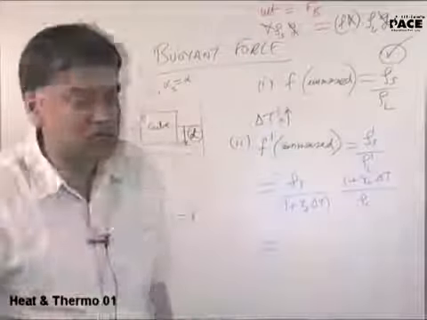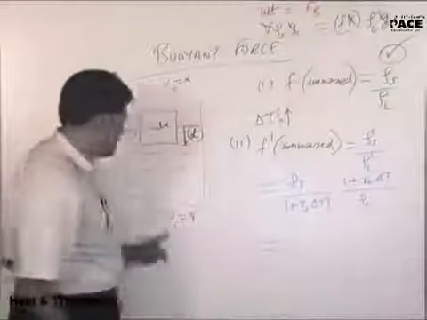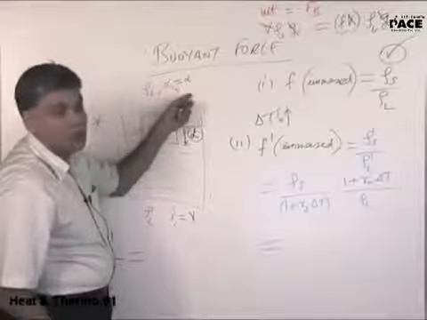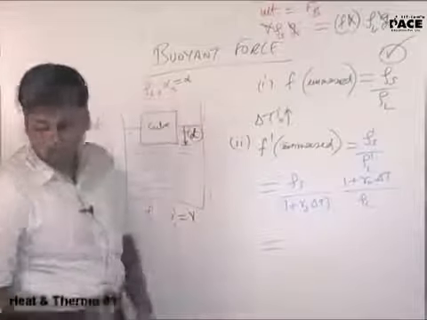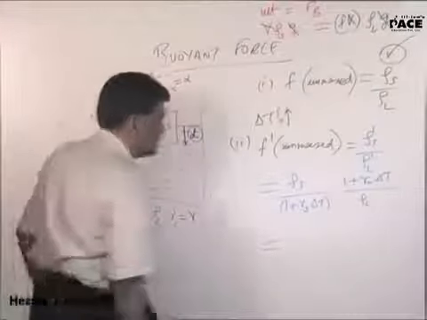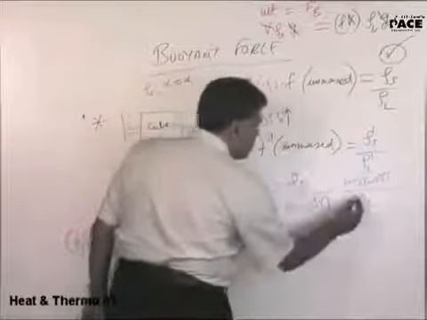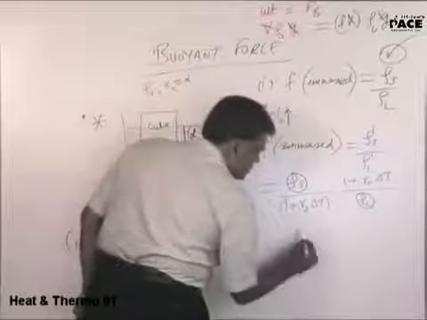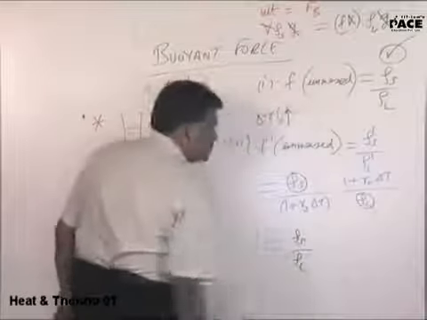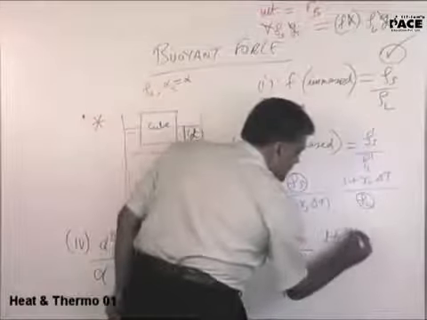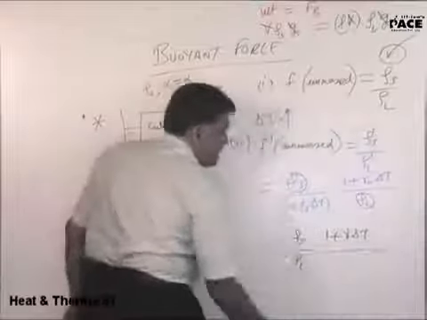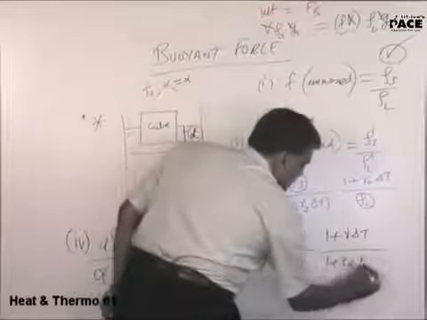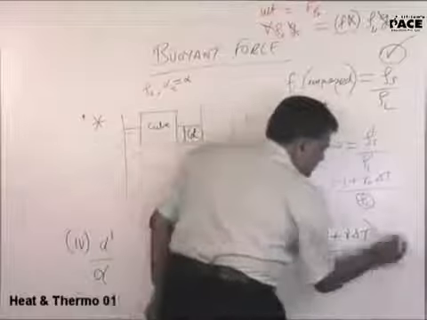But we have to check what is gamma S and gamma L. Gamma S is not given to you. What is gamma S? 3 alpha. So rho S and rho L, that will be equal to your original F. That is fine. This is rho S by rho L into 1 plus gamma L delta T over 1 plus 3 alpha delta T. Can I say that?